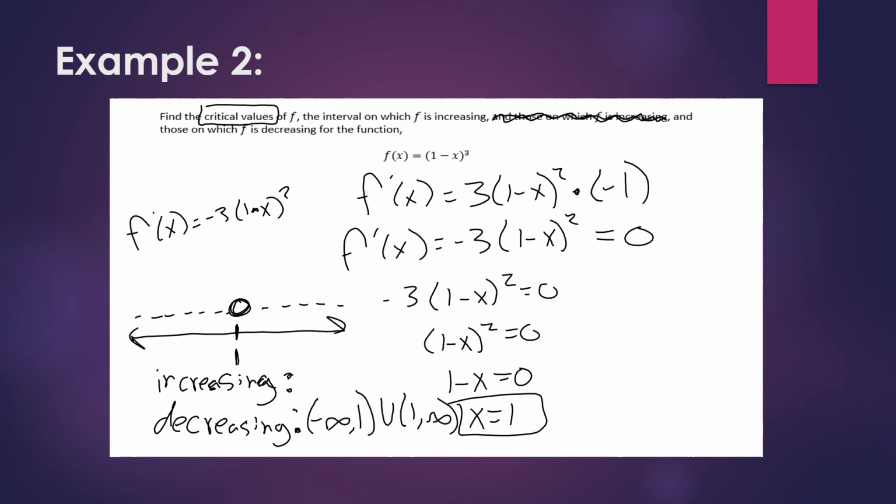And if we were curious about what this function would look like, our slope is going to be 0 at x equals 1. So we're going to get the point 1, 0 right here.